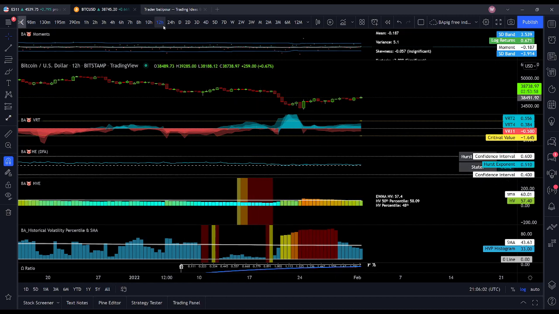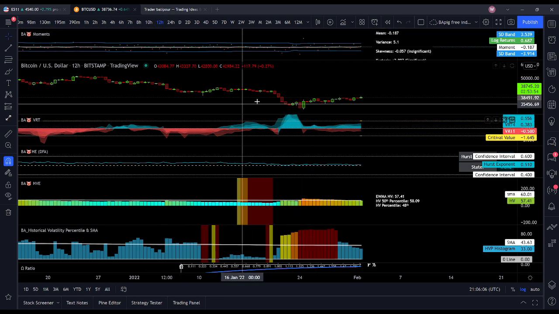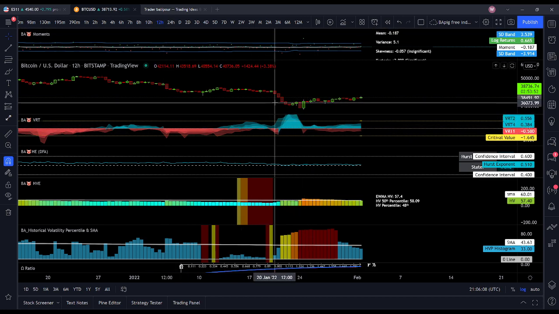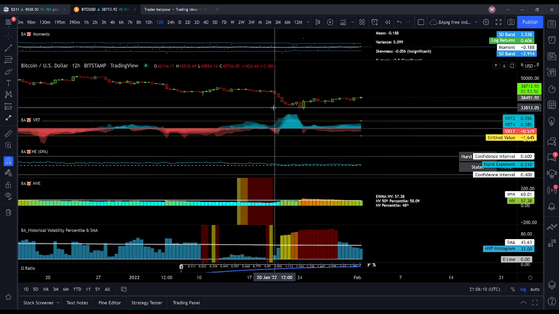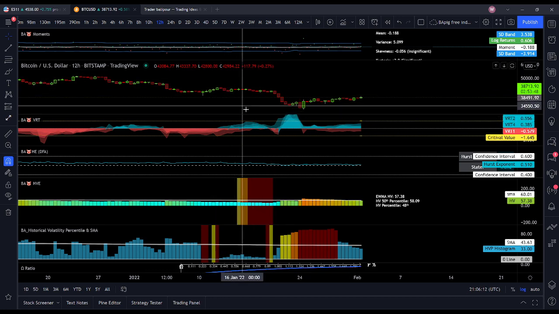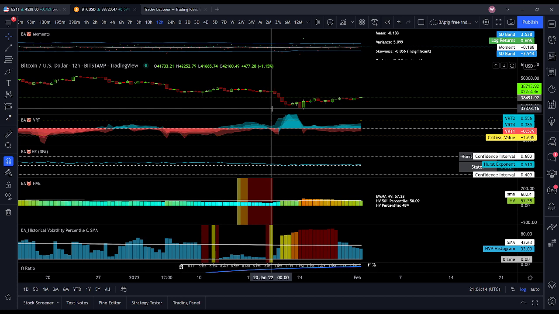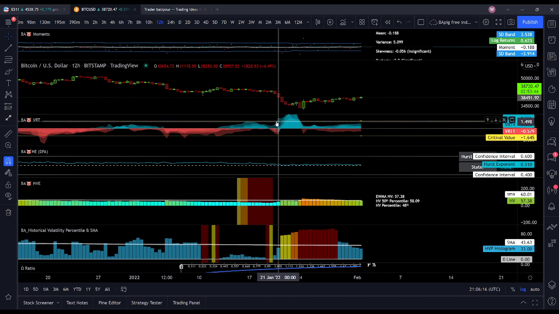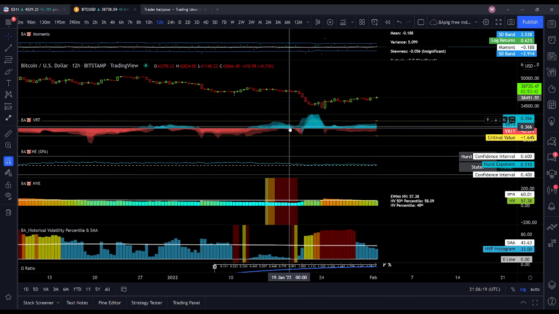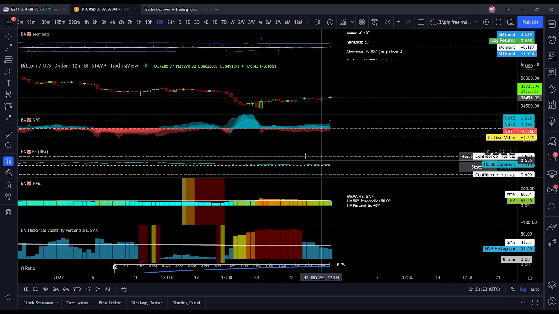Technically, the 12 hour is just a more zoomed-in version of the daily, and the weekly is a zoomed-out version of the daily, incorporating 7 daily candles into that time frame. So yeah, and then looking at the 12 hour here.